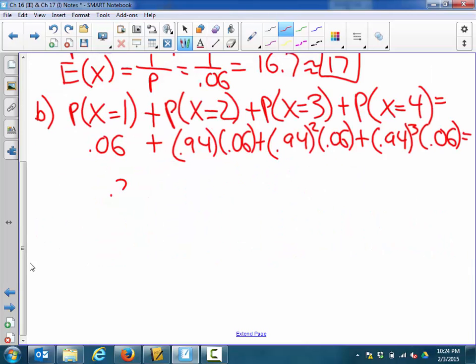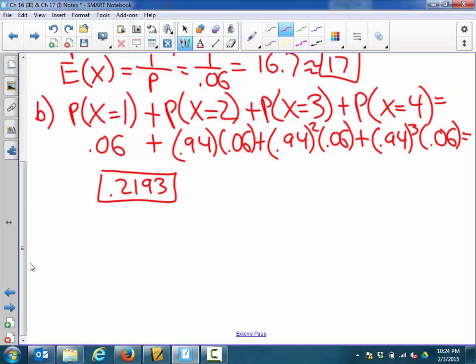and you find, I believe, 0.2193. It's the probability that one of your first 4 people will, oh, that's too big. Let me see if I can correct that real quick.